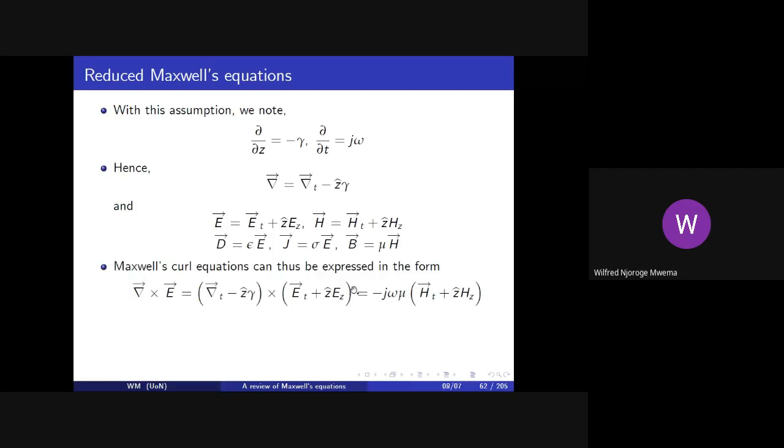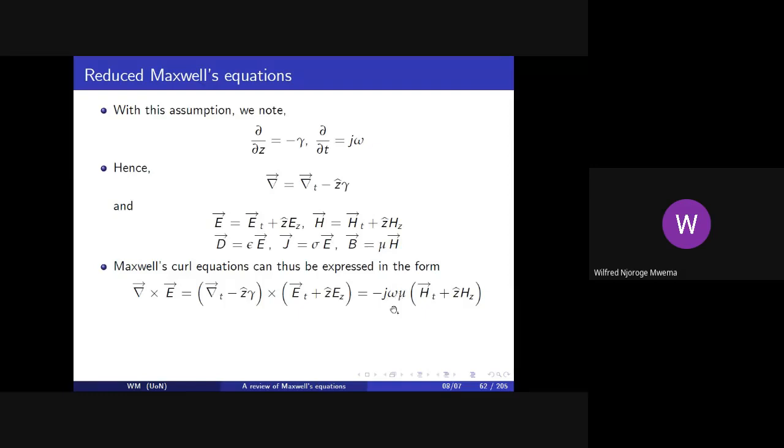So Maxwell's curl equations, that is Faraday's law and Ampere's law, become of the following form. The curl of E is equal to the negative time derivative of B, and we replace B by mu H, and therefore the curl of E is equal to minus the time derivative, which we replace by j omega.